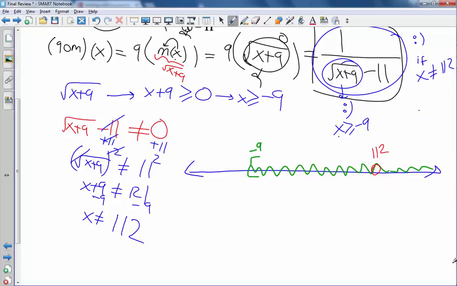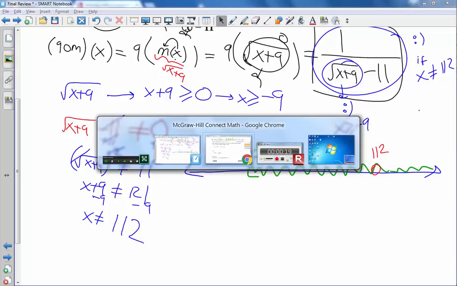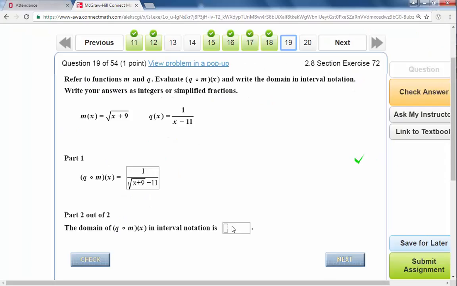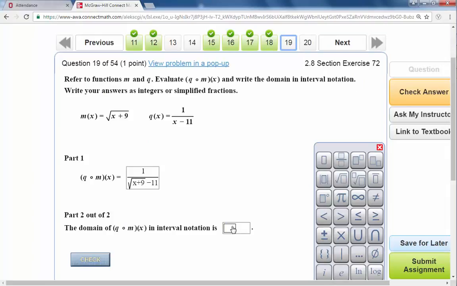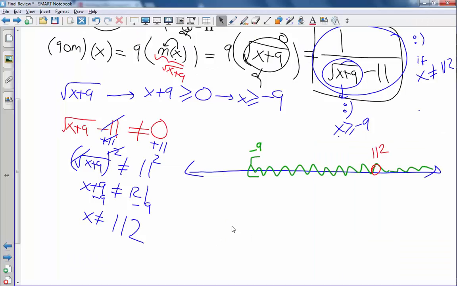But how do you write it up? How do you move this picture into mathematical terms in interval notation right here? -9 to 112. Okay, hold on, let me write. You're saying this part is bracket or parentheses?